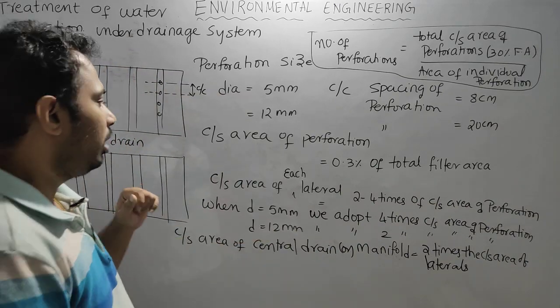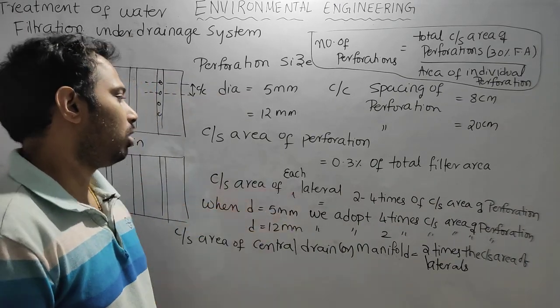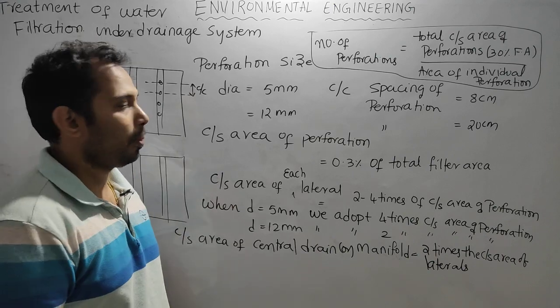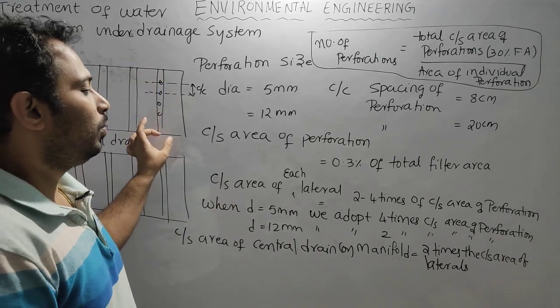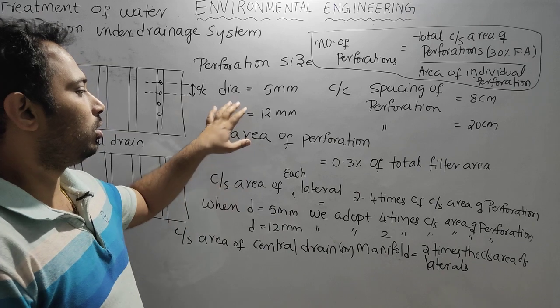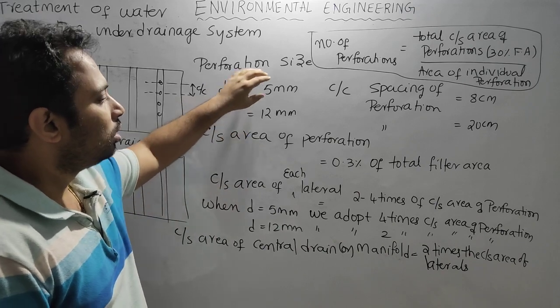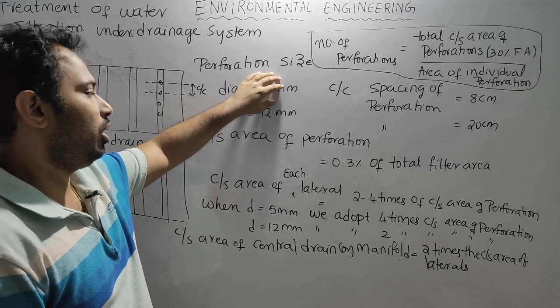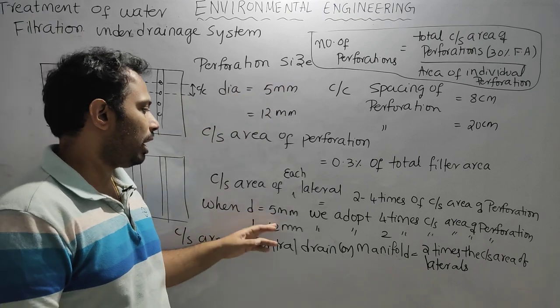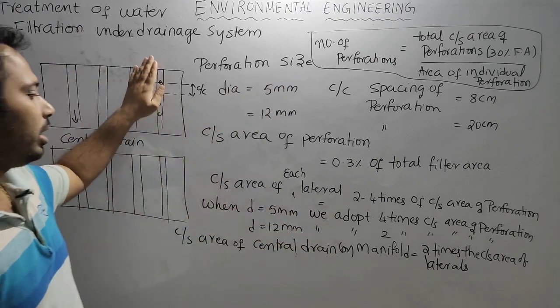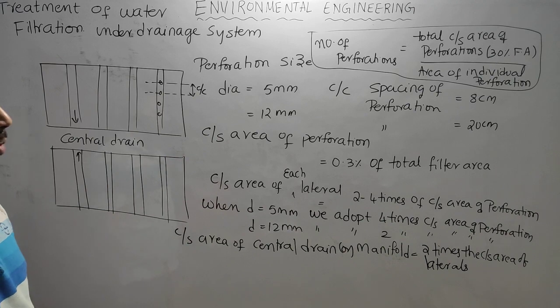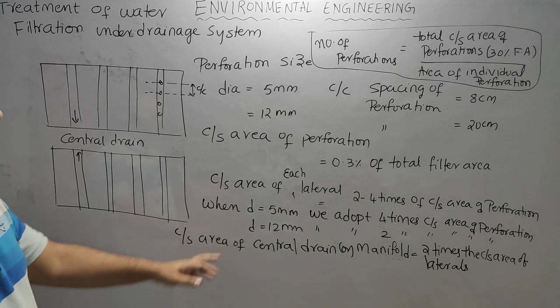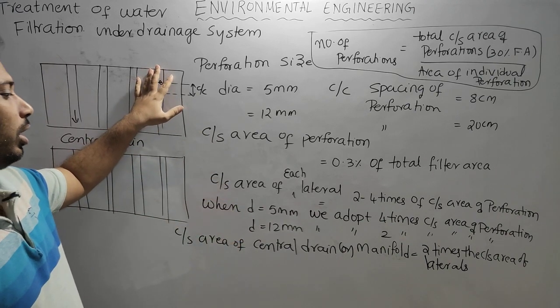Once you get to know the total number of perforations, we will keep it aside and determine the cross sectional area of each lateral. Each lateral is equal to 2 to 4 times the cross section area of perforation. If it is 5 mm, we take the lateral area as 4 times the area of the perforation, and if it is 12 mm, then we take 2 times.